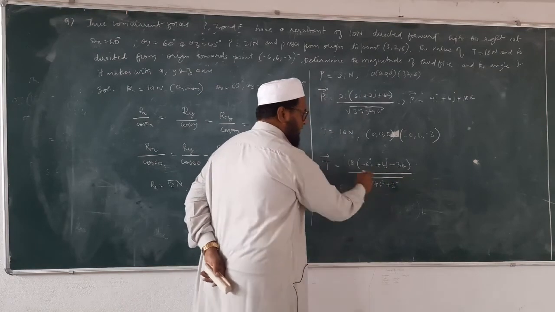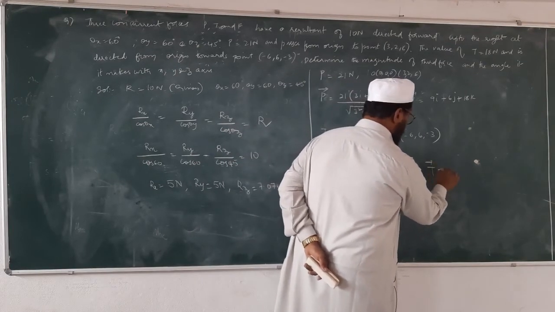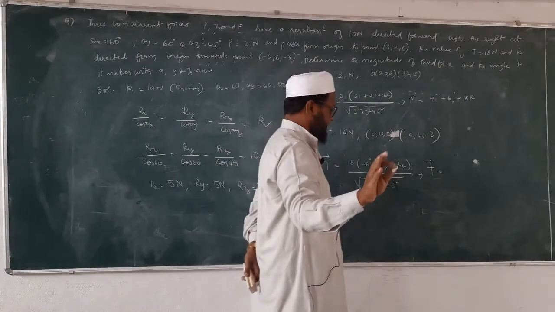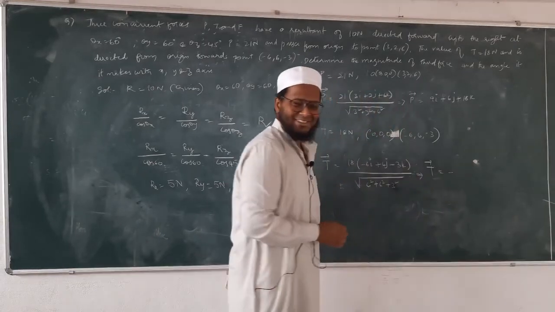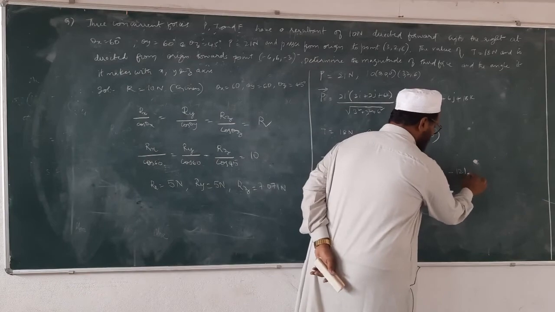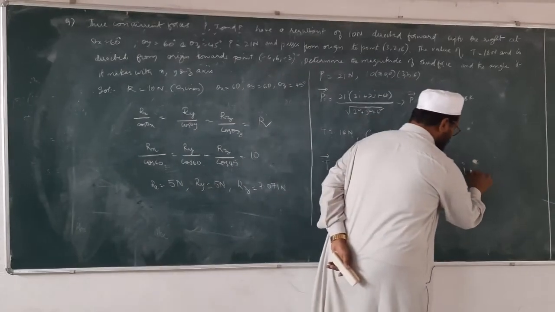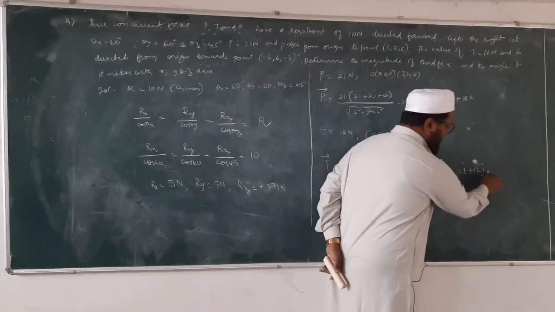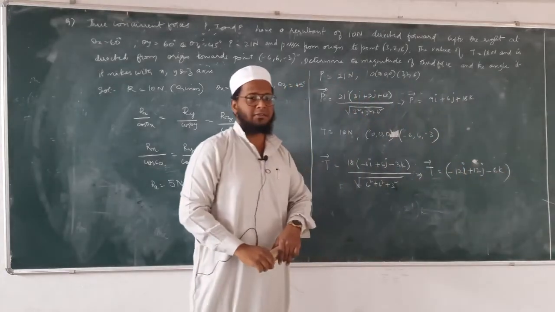Total value is 2. So minus 12i, then plus 12j minus 6k.